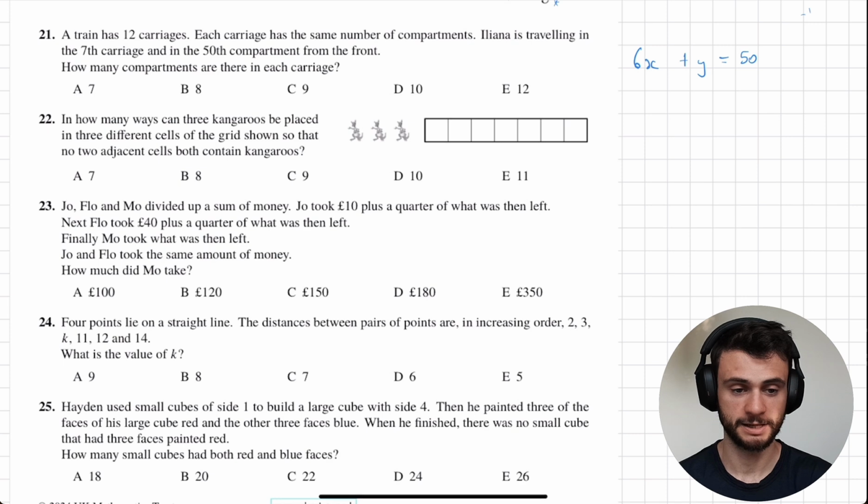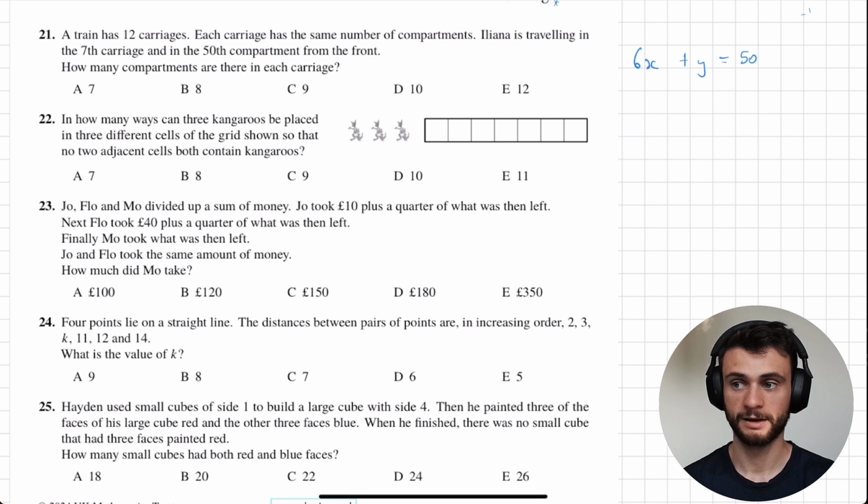So if X is 8, there's 8 compartments in each carriage, then there'd be 48 compartments in the 6 carriages in front of her, and then there'd be 2 compartments in front of her in her own carriage. And of course, 8 would make sense.